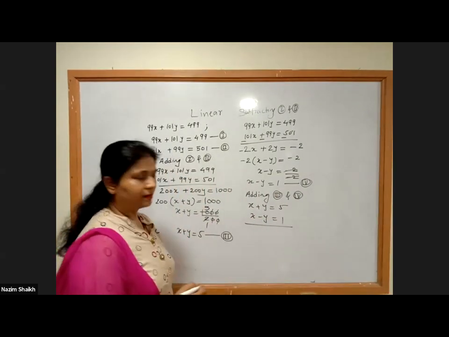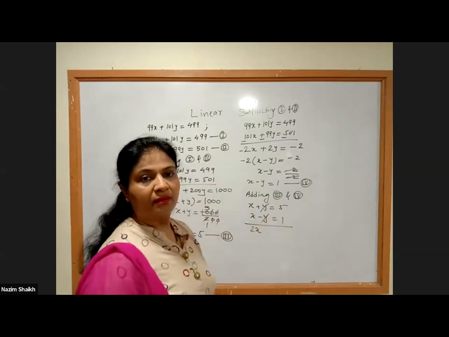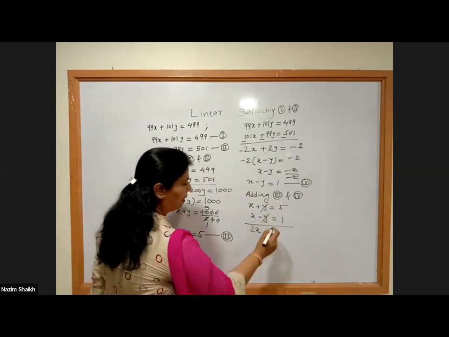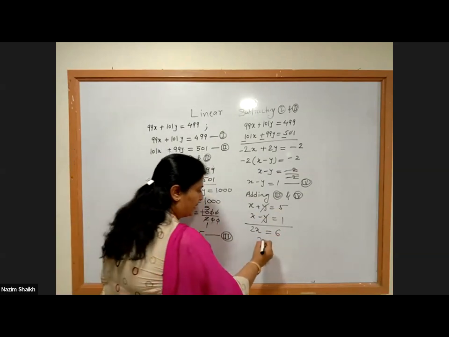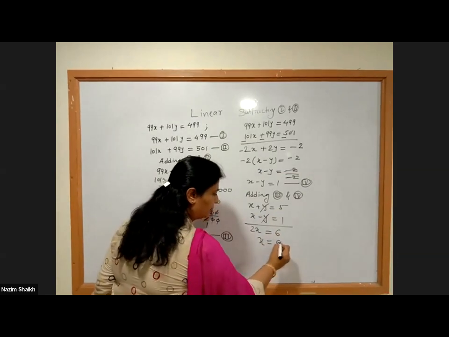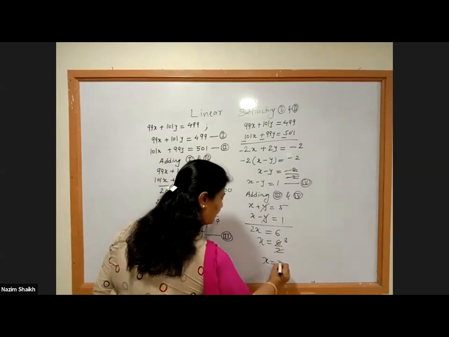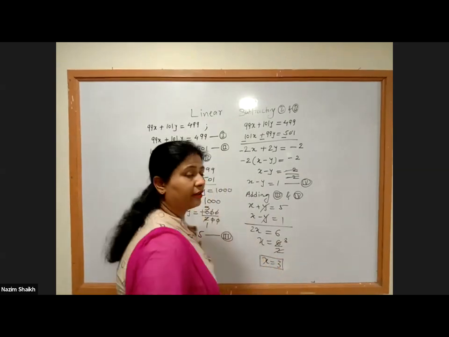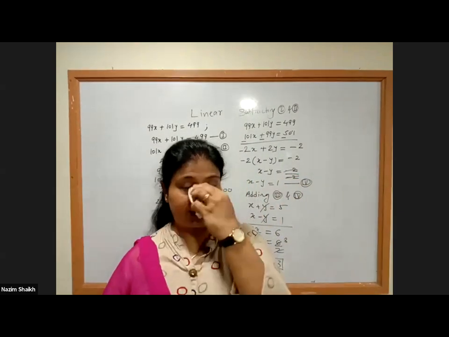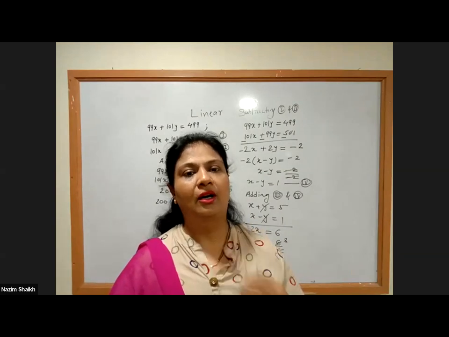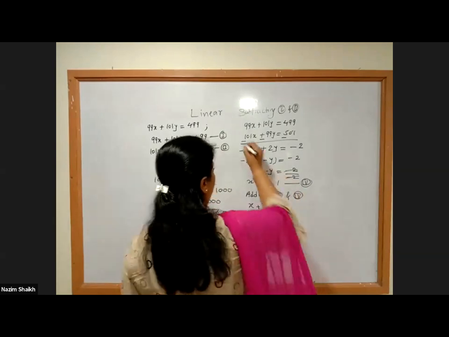I'm adding, so x plus x, 2x, y is cancelled, and 5 plus 1 is equal to 6. So x is equal to 6 upon 2. How much is it? 3. So I got x is equal to 3. Here I got the value of the first variable, that is x. Is it clear to you? Okay. The next step is absolutely simple. We will substitute this value of x.